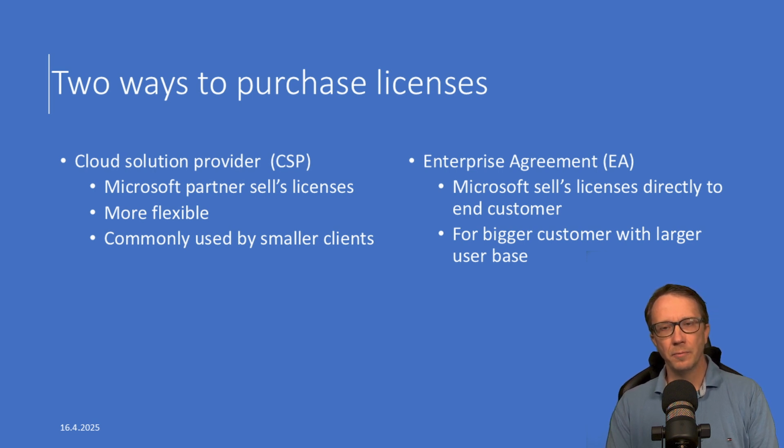The other one is the enterprise agreement, where Microsoft directly sells the licenses to the customer. This is for bigger customers. It's not as flexible, but when you're operating directly with Microsoft, there is the possibility for different kinds of pricing options from Microsoft's side. So those are the 2 basic ways that you can purchase the licenses.